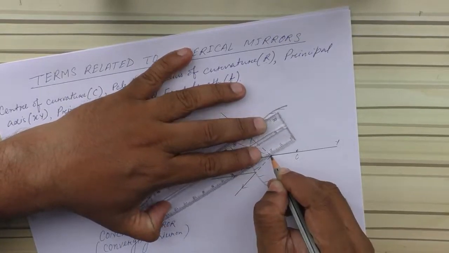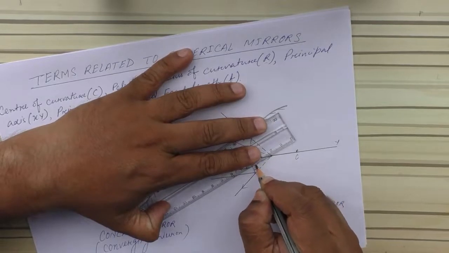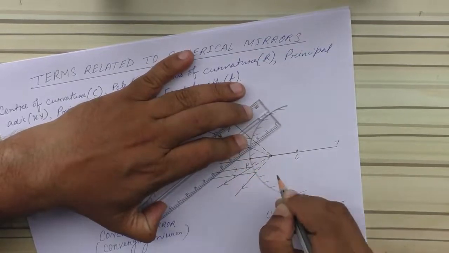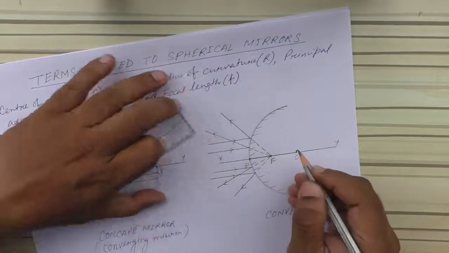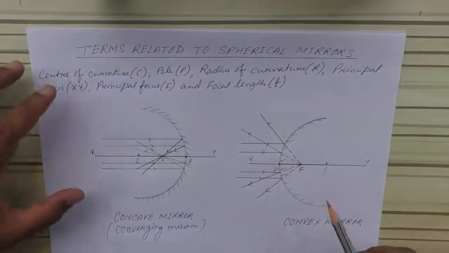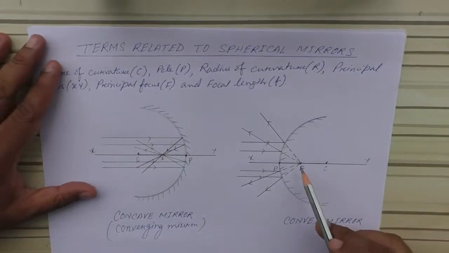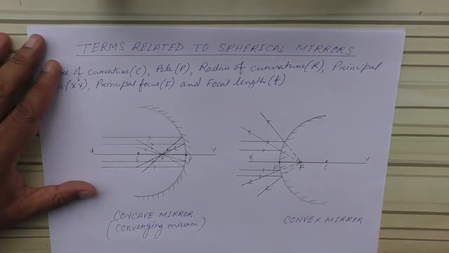And this point is principal focus. And principal focus of convex mirror is virtual because light rays do not actually intersect here.